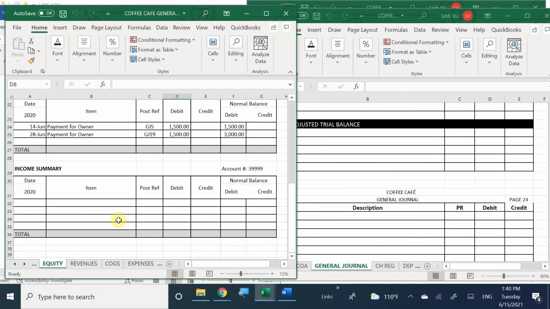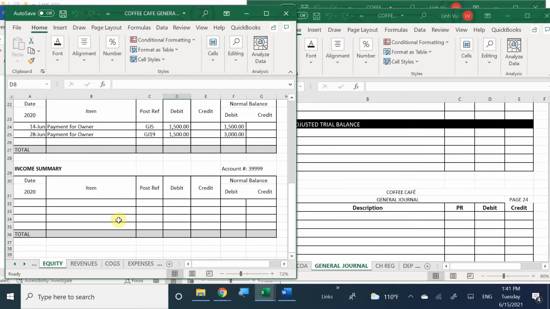We're transferring all of the information into the income summary so we can reflect that we made a profit and drop it right into our equity, so we can reinvest into the company and change the value of our equity.